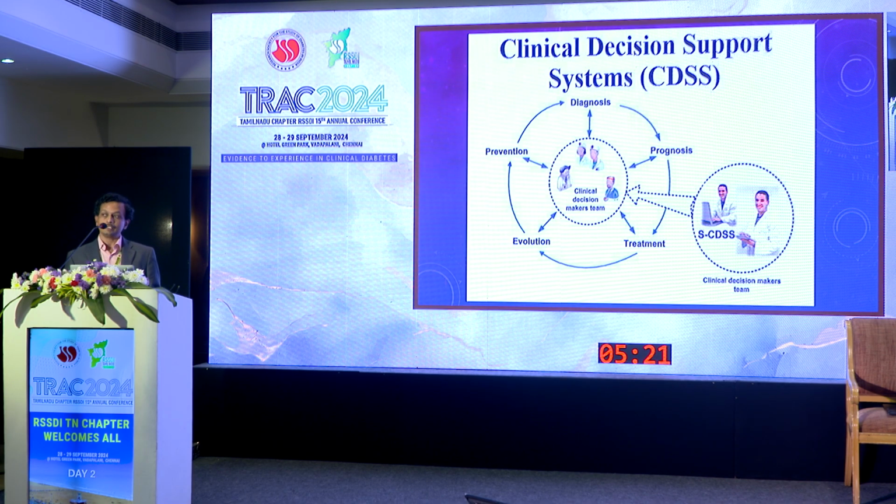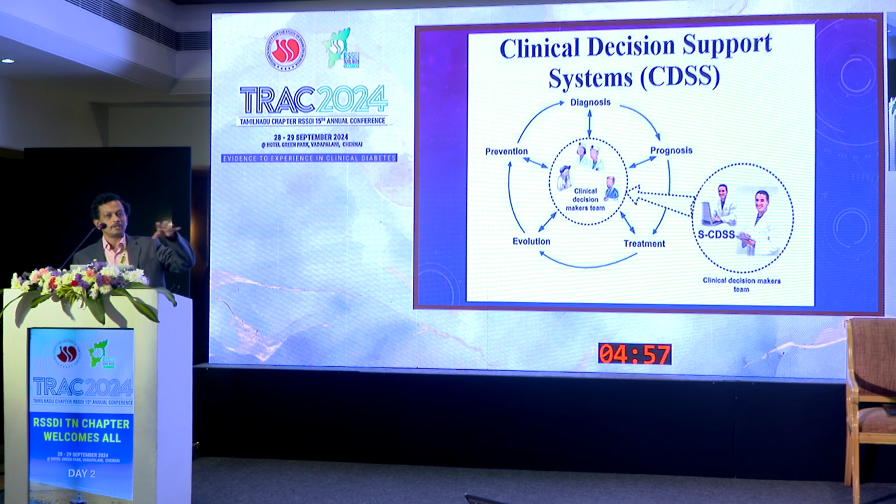Now coming to the clinical decision support system, it can be used anywhere, like prognosis, diagnosis, prevention, evaluation or treatment. Here I can give you an example. Whenever a person joins a job, he undergoes a master checkup at the age of 21 or so. At the age of 25, he might undergo another master checkup.